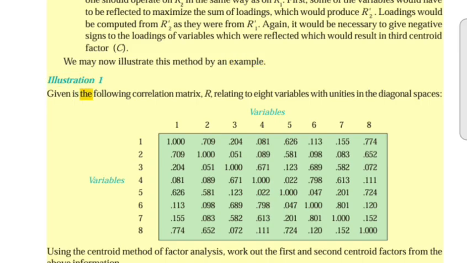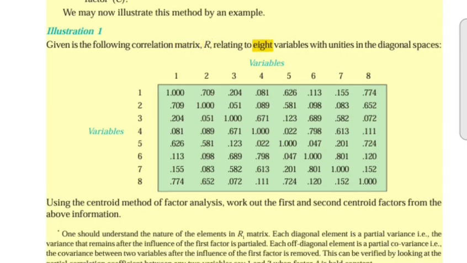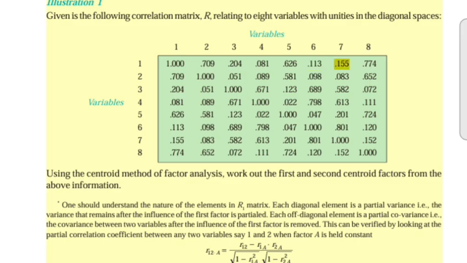Illustration 1: Given is the following correlation matrix, R, relating to 8 variables with unities in the diagonal spaces.